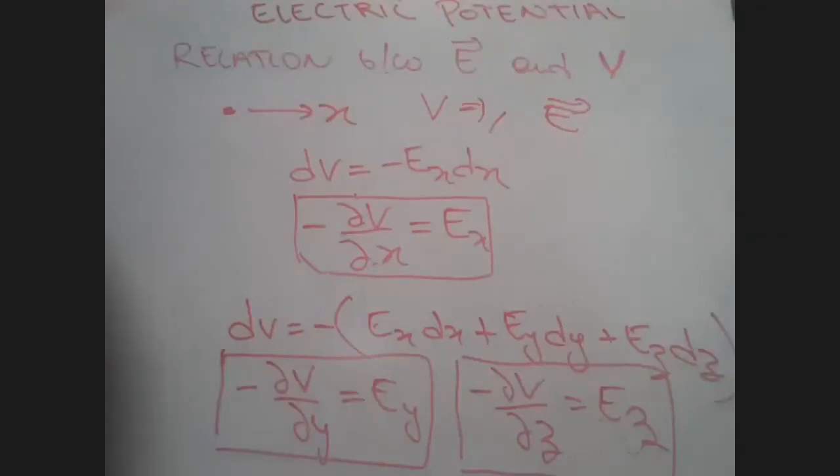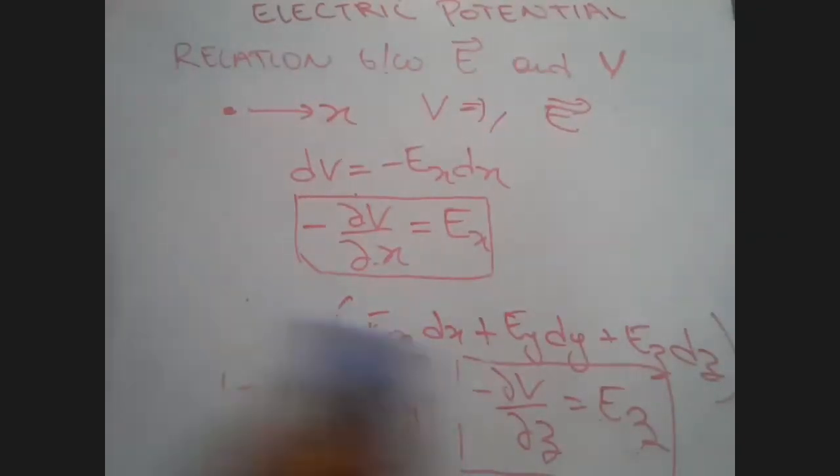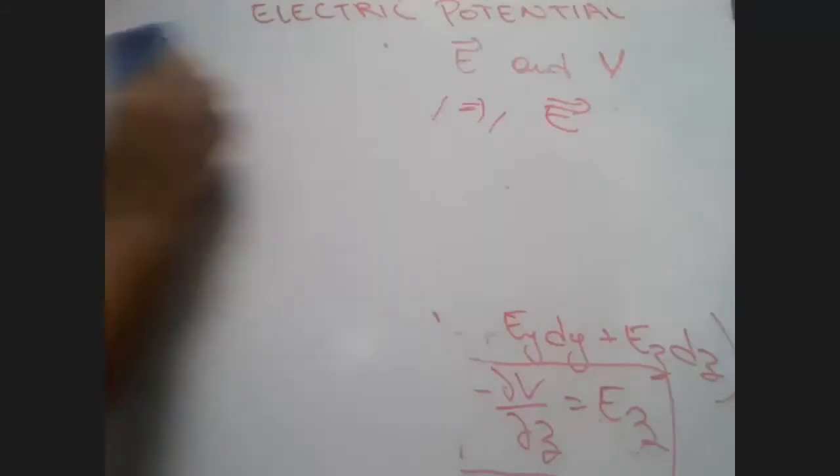Okay, let's consider the question. It says the electric potential V at any point x, y, z is given by V is equal to 4x square.